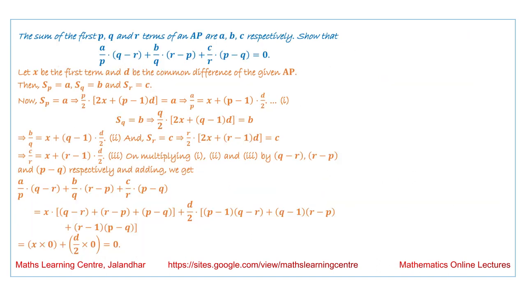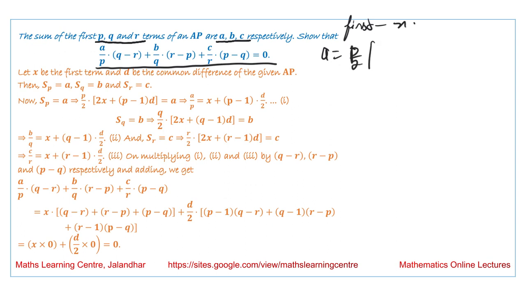Next is, the sums of the first p, q, r terms of an AP are A, B, C respectively. We have to prove this result. So what is given to us is that, suppose the first term we are saying it is x. So A is equal to p by 2 into 2x plus p minus 1 d.